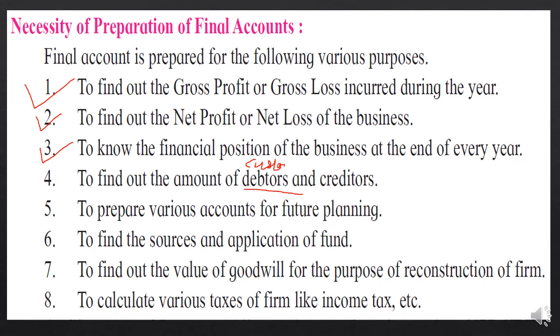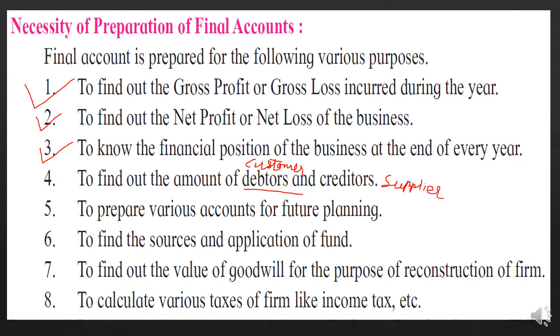So for knowing the amount of all customers or debtors, and all creditors, meaning all suppliers, these are the people who have done transactions on a credit basis, and accordingly the company will receive or has to pay the amount to them.